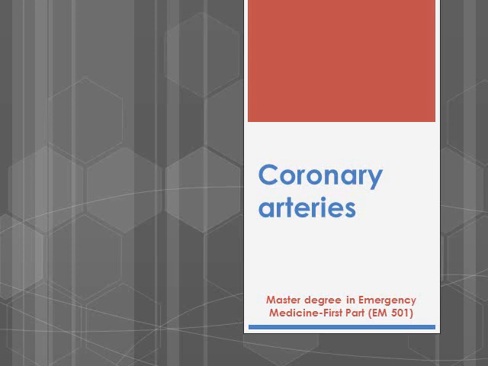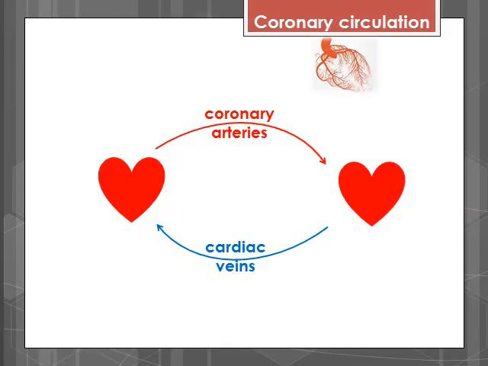In this lecture, we will talk about the coronary vasculature. Coronary circulation means that the blood pumps from the heart to the heart and back to the heart. The blood forces to the heart through the coronary arteries.